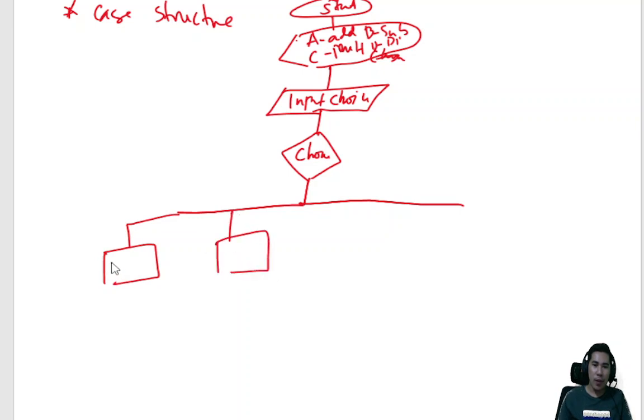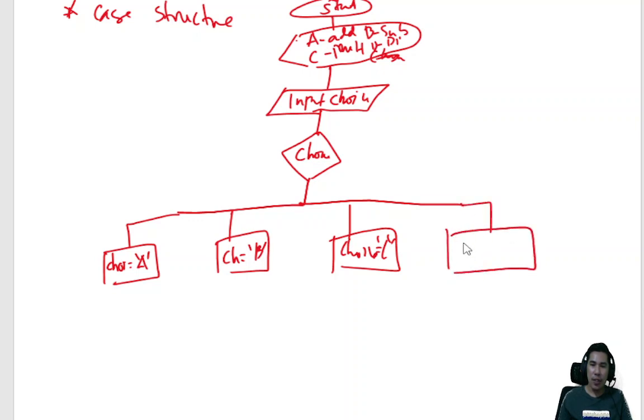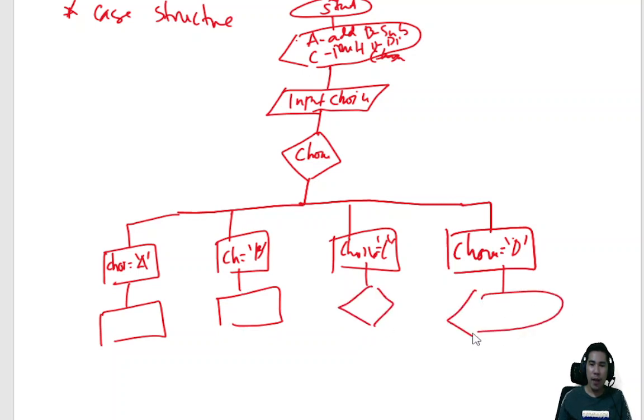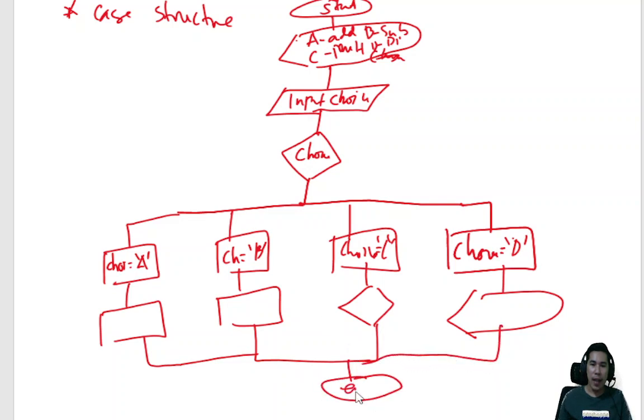When choice is equal to A, then when choice is equal to B, then when choice is equal to C, instead of putting in many decisions, and then D. And after that, you do whatever you want to do for each one, whether another process, a decision, or a display. If there is nothing more, all you need to do is combine them and put an end if. So that's for the case structure.